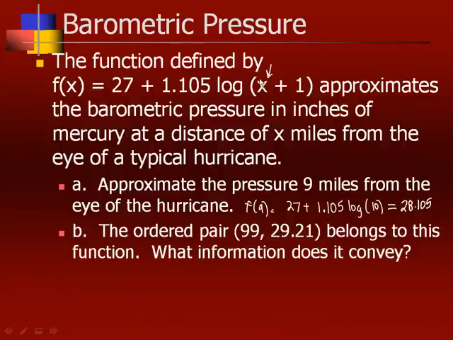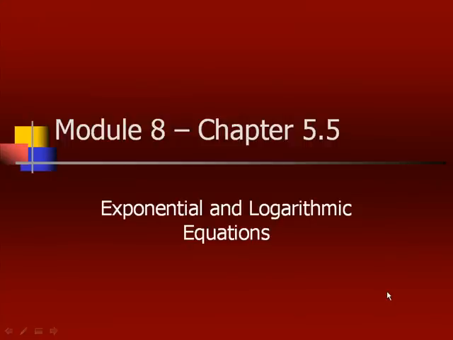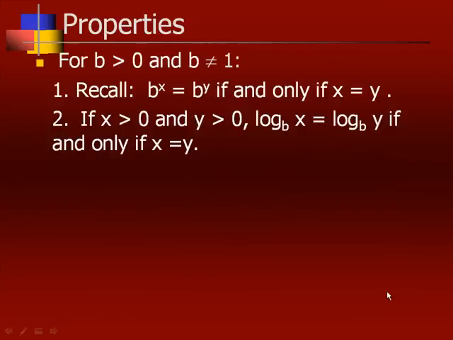Well, that says if the x value is 99, that means when you are 99 miles away from the eye of a typical hurricane, then the barometric pressure will be equal to 29.21 inches of mercury.